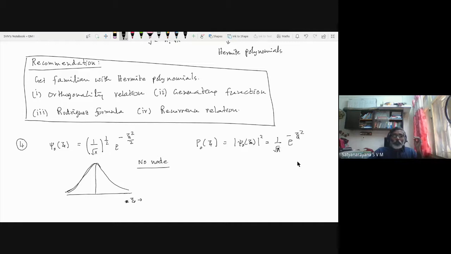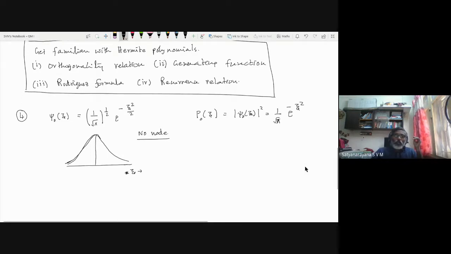Okay, so now note that suppose you want to ask what is the expectation value of xi, which is x, as you know, except for a constant length factor L. So the expectation value of xi, if you ask, is equal to 1 by root pi into the integral from minus infinity to infinity of xi times the mod square of psi 0 of xi d xi.